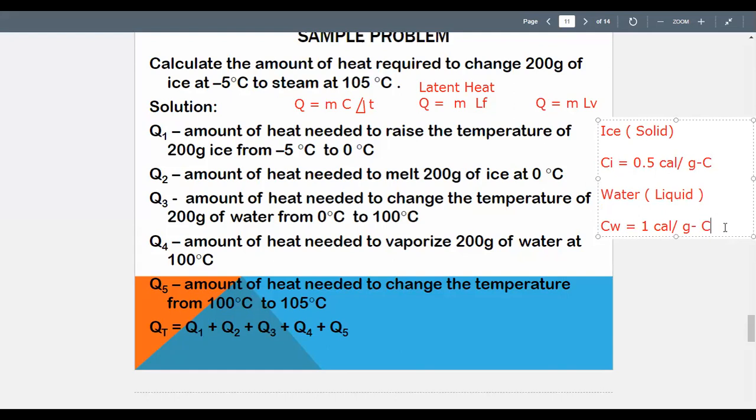For steam, steam is the gaseous form of our ice, of our liquid water. So let's call the specific heat of steam C sub S. C sub S is similar to ice. It's equal to 0.5.